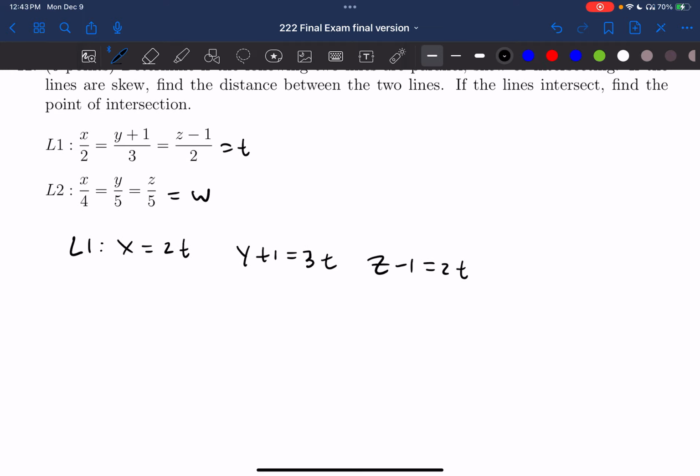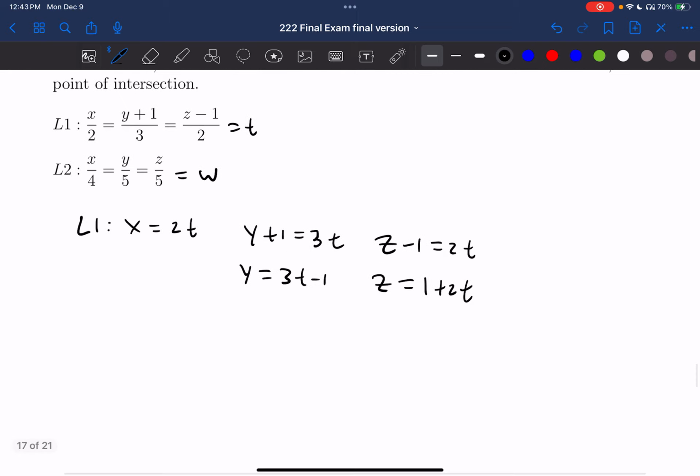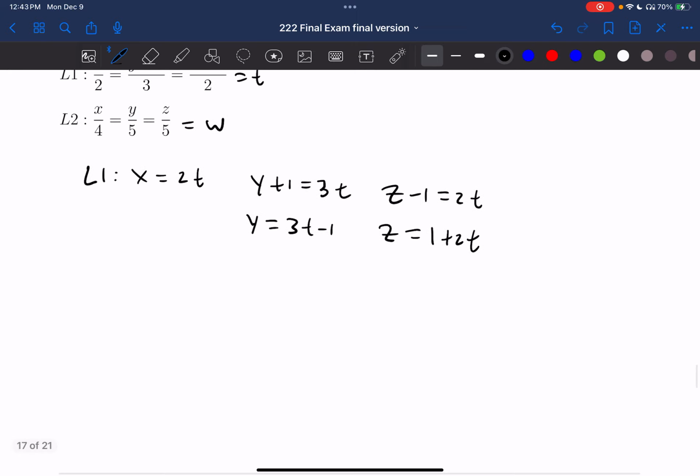Simplifying a little bit further, we're going to get y is equal to 3t minus 1, while z is going to be equal to 1 plus 2t. From this, we can see the direction of this line is going to be 2, 3, and 2.